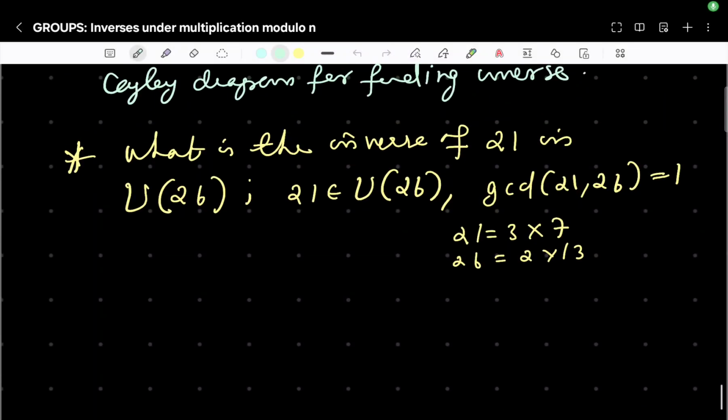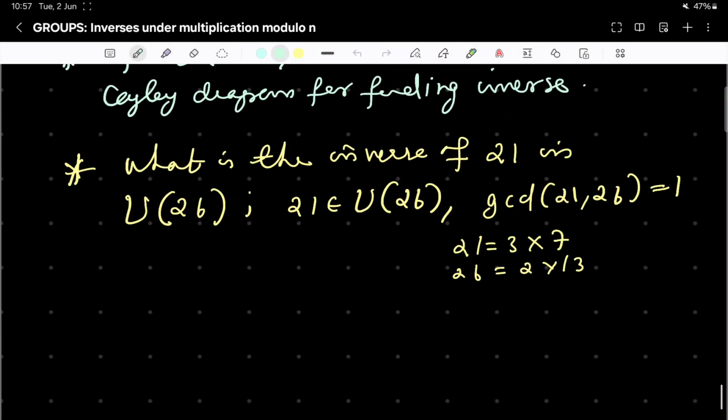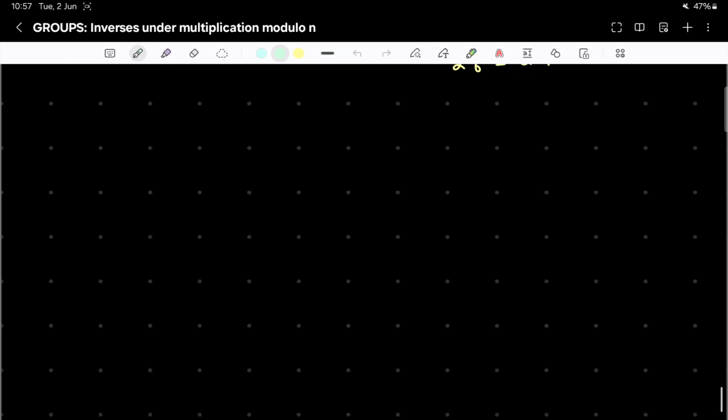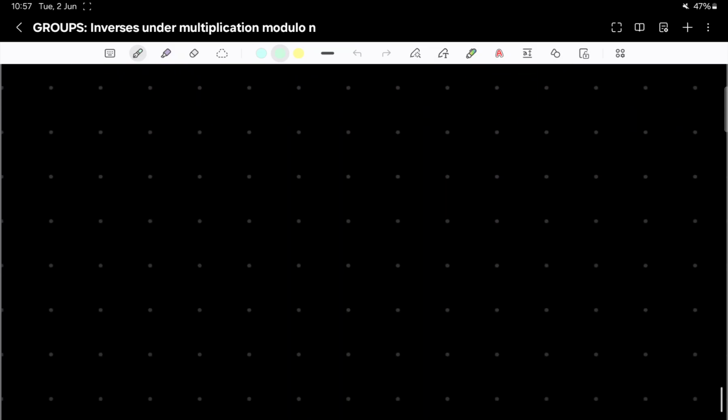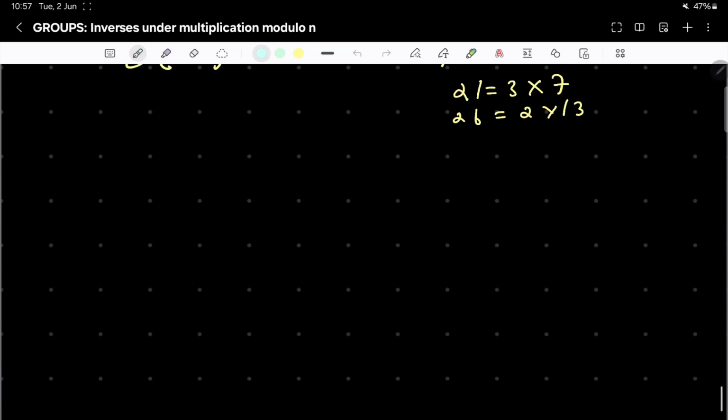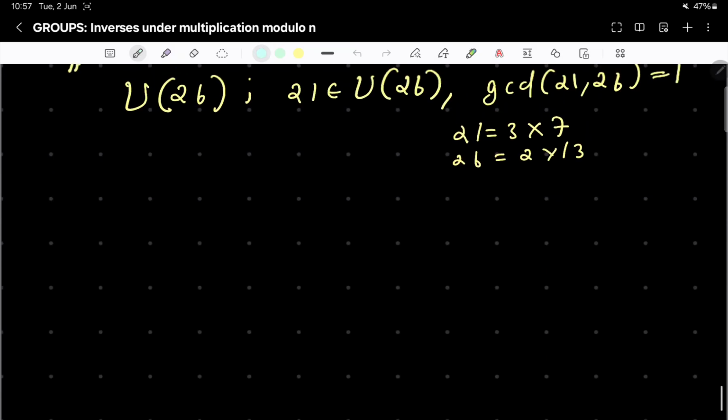We are looking at how to find the inverse of a number in the group of units, U of n. So we need some prerequisites for this. I'll first define how to find the GCD of two numbers.